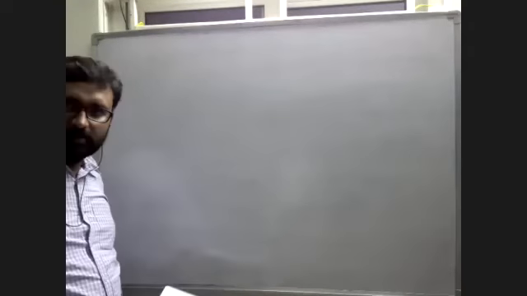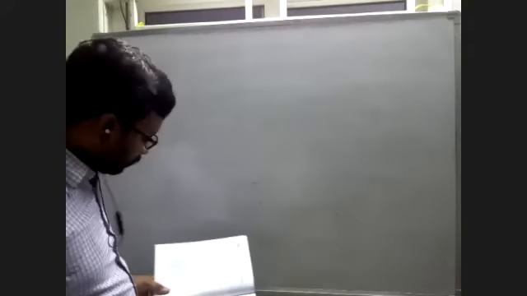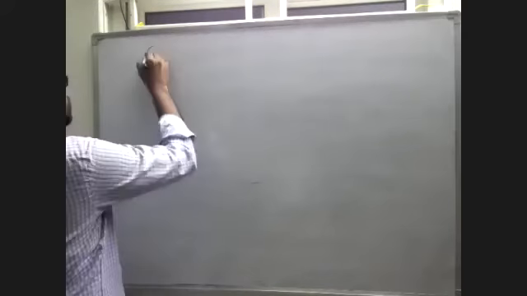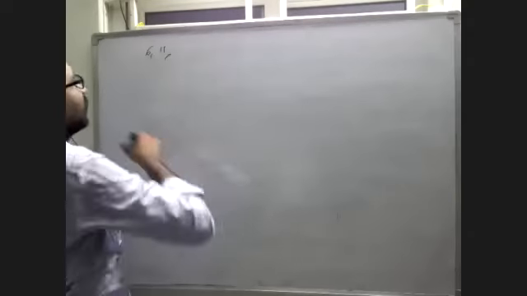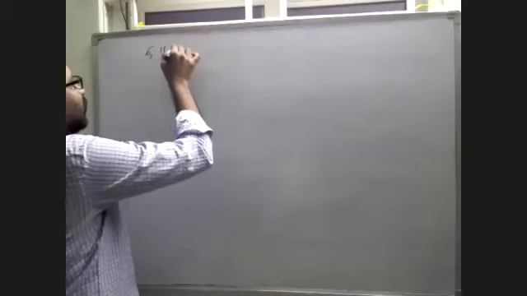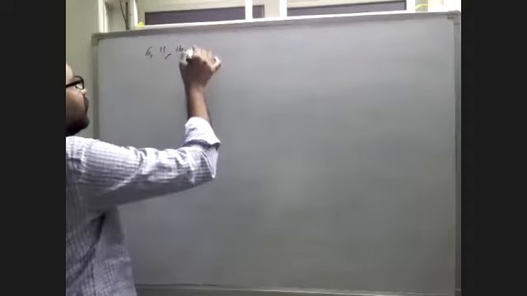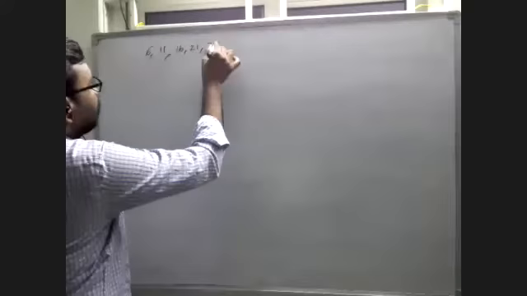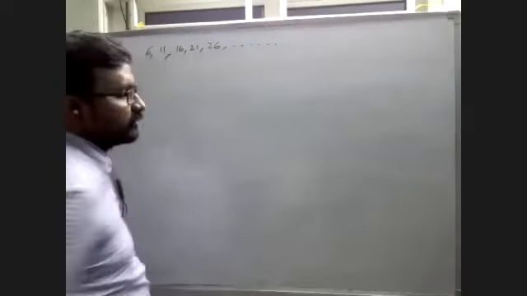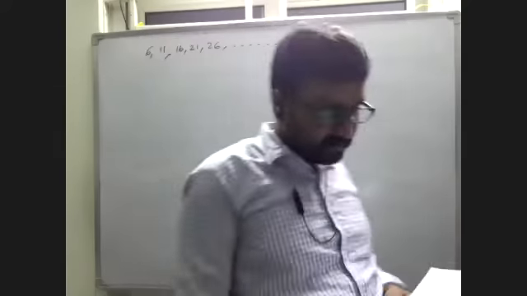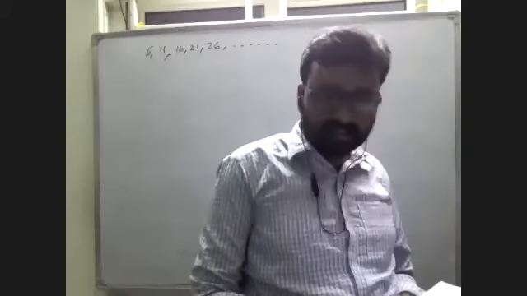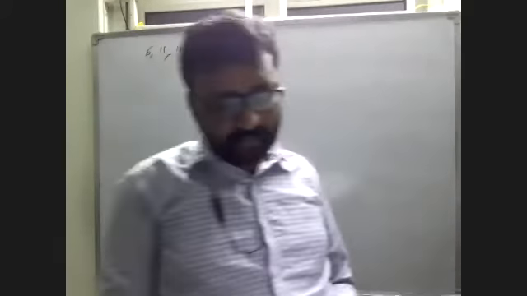There are so many examples given. I will give you one example: show that the progression 6, 11, 16, 21, 26, and so on is an AP.